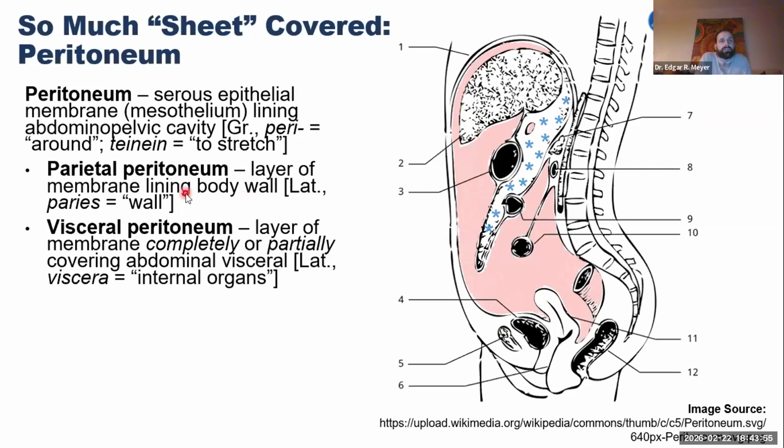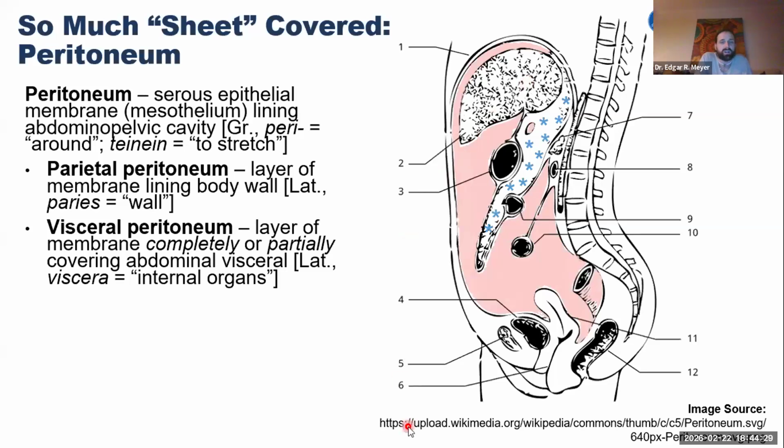So that layer that is lining the body wall of our abdominopelvic cavity we refer to as our parietal peritoneum. Parietal comes from the Latin word for wall, so it is aptly named. And then that portion of that inflated sac that touches our organs or our viscera, viscera being the Latin word for internal organs, we refer to as visceral peritoneum.